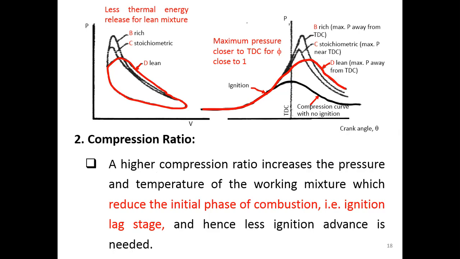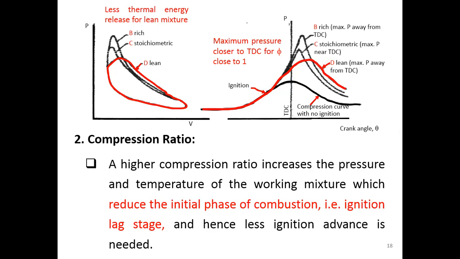If the pressure and temperature of the working mixture increase, the ignition lag stage needs a shorter time, because the mixture already has high pressure and high temperature. So the initial phase of combustion can happen faster.